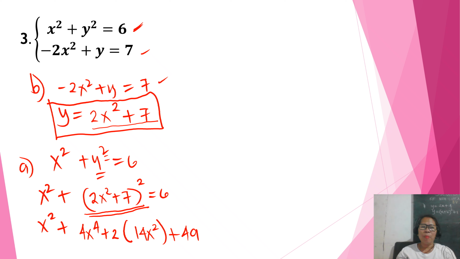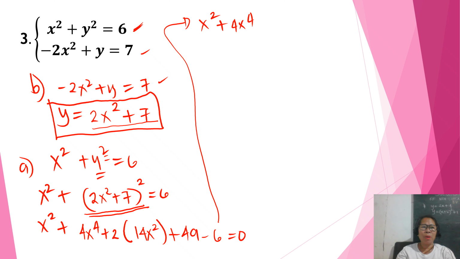And that positive 6 will now be transposed. That will become negative 6, so that will be equal to 0. So what is the next step? We have x squared plus 4x to the 4, plus we multiply them, 28x squared, plus, what is 49 minus 6?